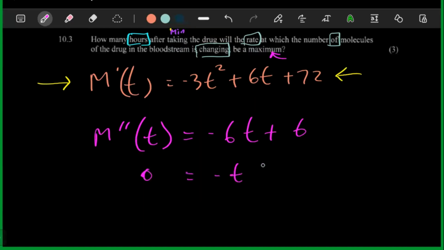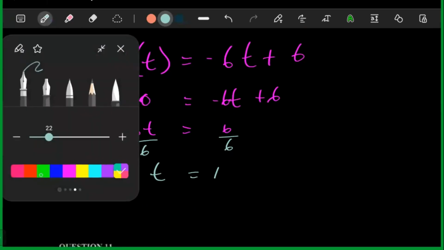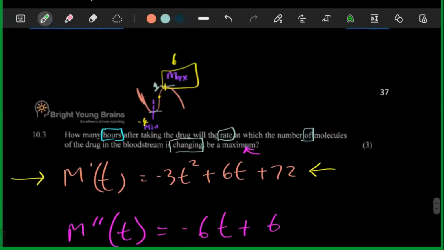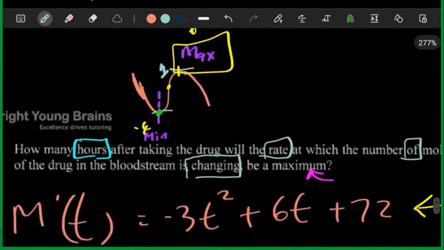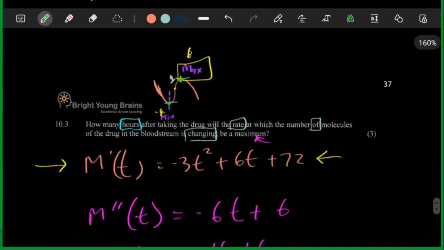If you solve for t here, I can have 6t over here and then the 6 here. Divide both sides by 6. t is 1. With what we had done, we had been looking for where the maximum and the minimum for the rate of change equation is. It's between negative 4 and 6.